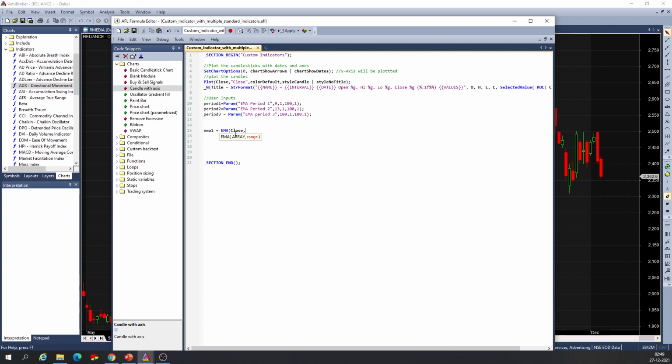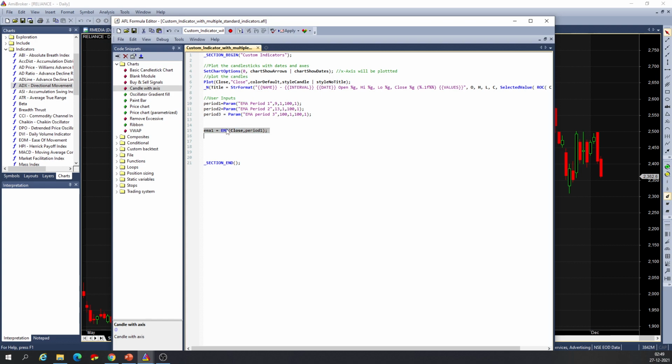Here we are taking the close. When we say close, it is not a single number, but an array right from where we have the data in the database till the current candle. Then we have to give the period, which we take as a dynamic input from the user. The default is 9, so this is what we give here.